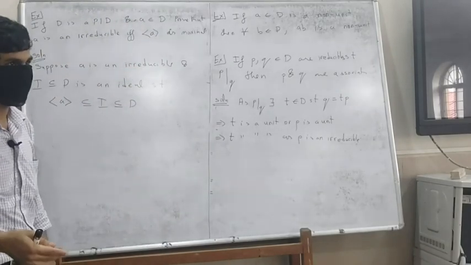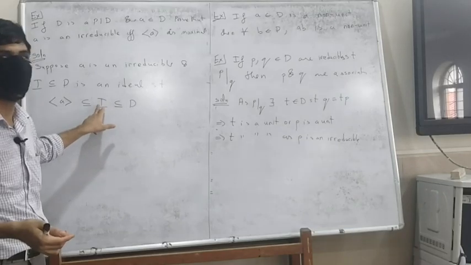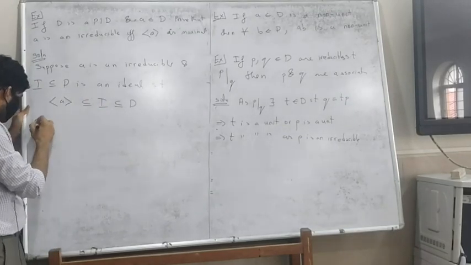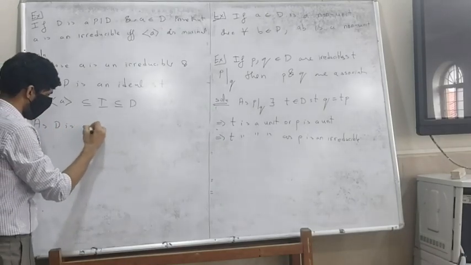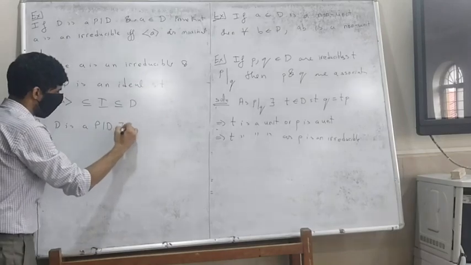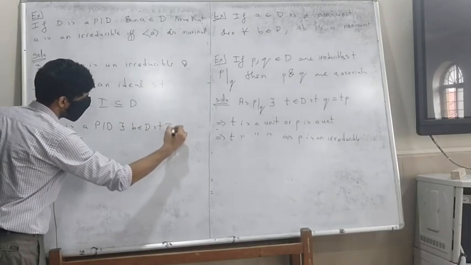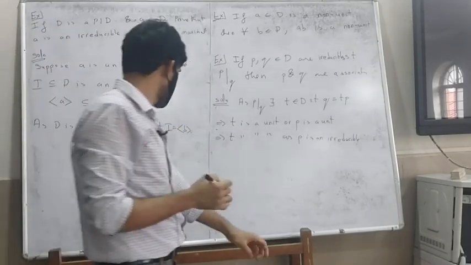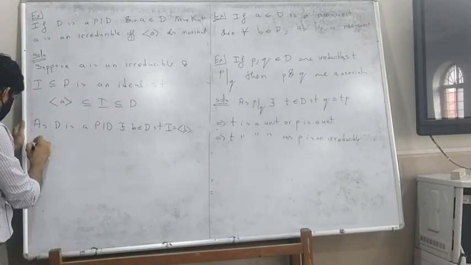What does that mean? That this is also a principal ideal, right? So as D is a PID, there exists some B in D such that I can be written as the ideal generated by B. So what happens here?